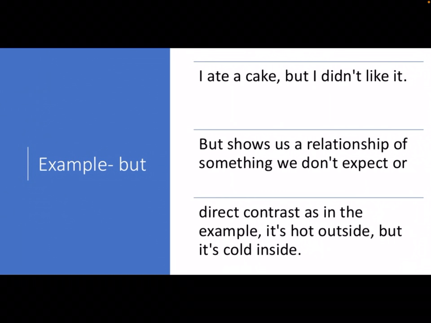So إحنا هون عم نقارن برا وجوا. And in the first example, I ate a cake but I didn't like it. يعني أنا أكلت شقفة كيك بس أنا ما حبيتها. So here عم نحكي السبب إنه أنا أكلت والسبب إنه ما حبيتها.